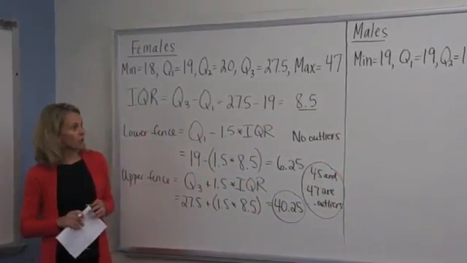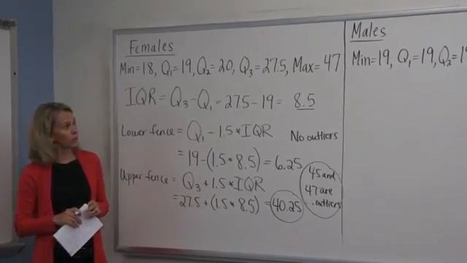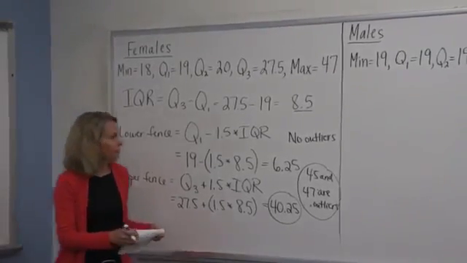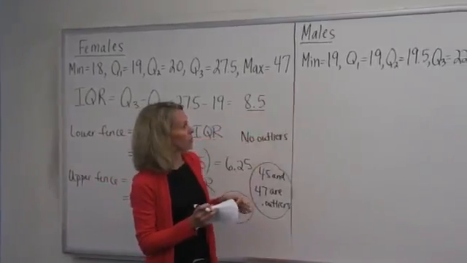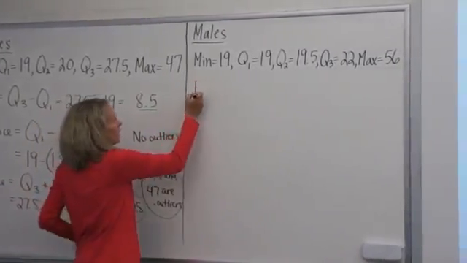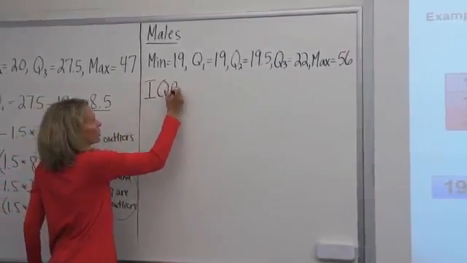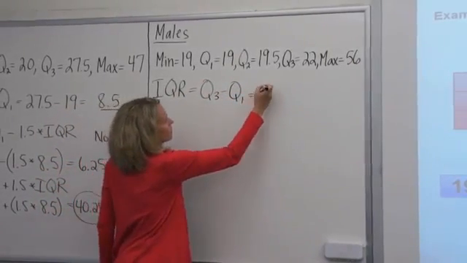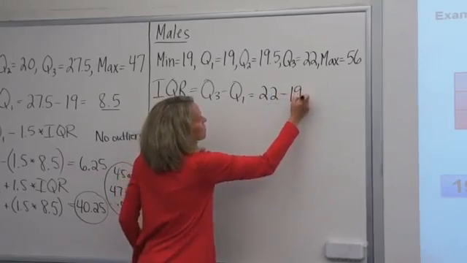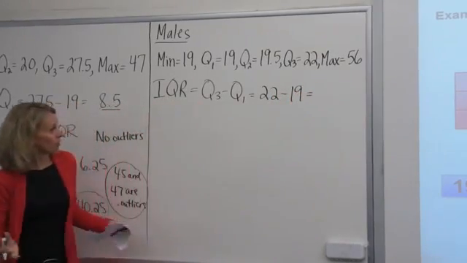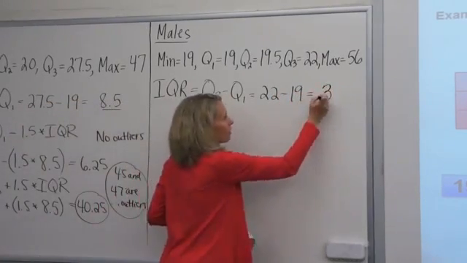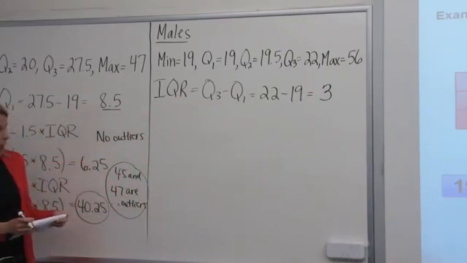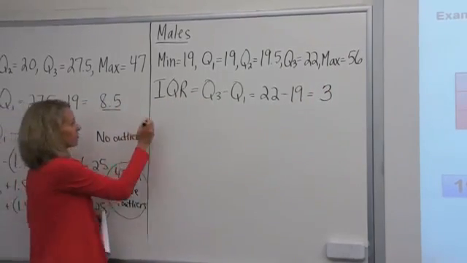Let's do the same thing with the data set that has the ages of the males. Here we have the 5-number summary for that data set. Again, we need the interquartile range: Q3 minus Q1. The interquartile range for this data set is 3. Now we can compute our fences again.